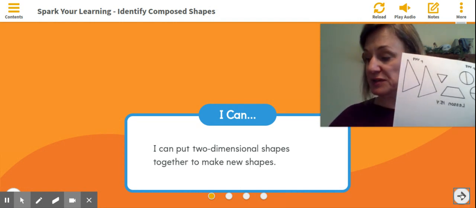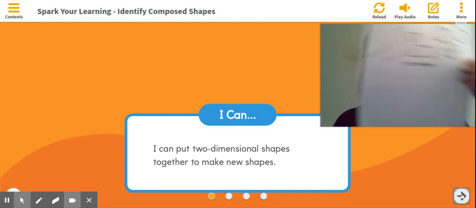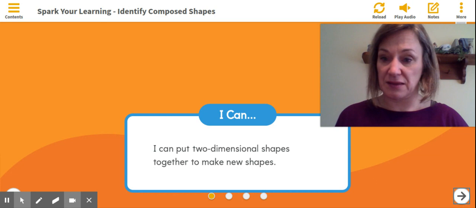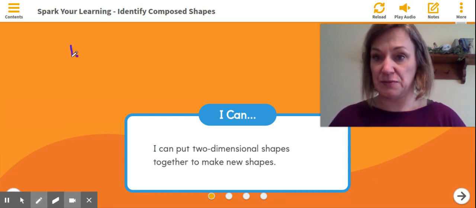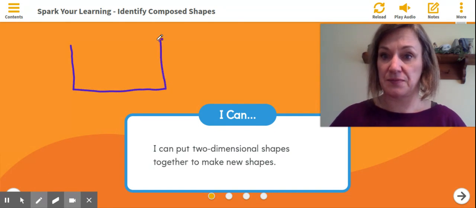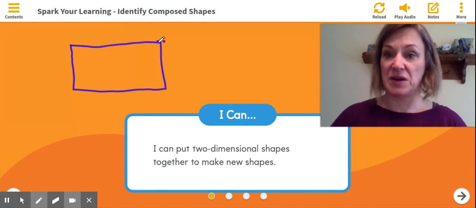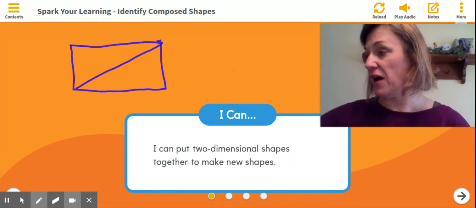Those 2 triangles can help you see how 2 triangles could make a rectangle. So that would look something like, let me use this pen to show you. If you're trying to make a rectangle, here's my rectangle. And if I want to use 2 triangles to make it, it's going to look like this. Okay, so that's the bottom of 445.